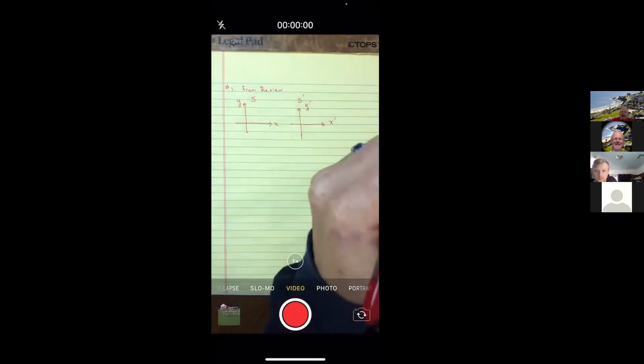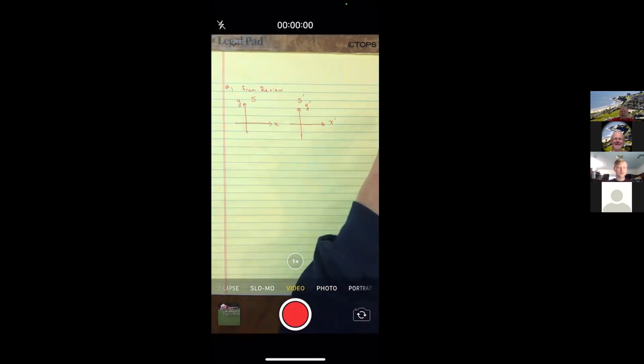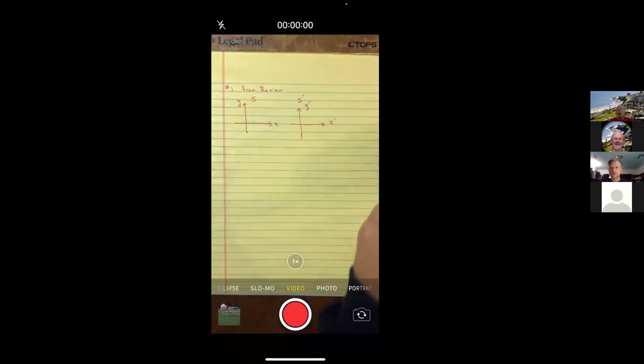There's no relative velocity to me. But somebody standing on the edge of the freeway as you drive by is going to say, no, that passenger went whizzing by at 70 miles an hour, and the position is changing. All of this is a perspective of what we call relative. What do you see from your perspective?